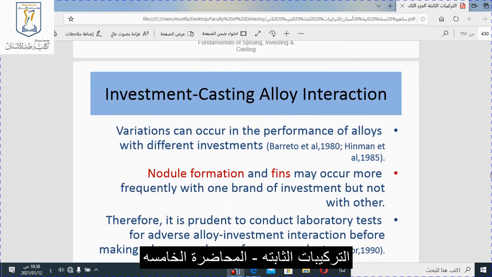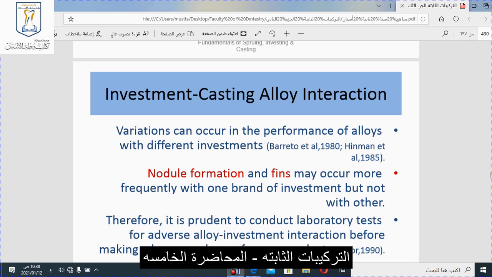Investment casting alloy interaction. Variation can occur in the performance of the alloy with different investment materials.